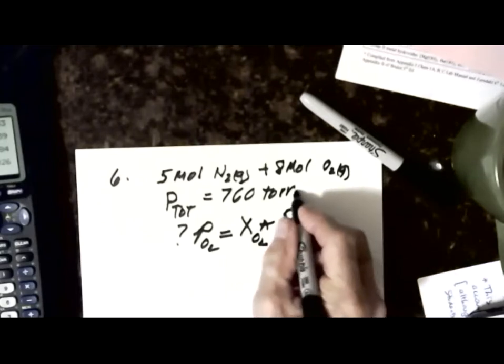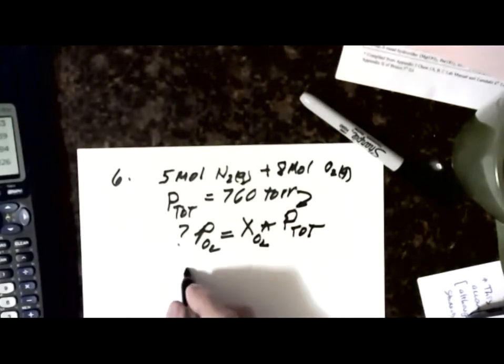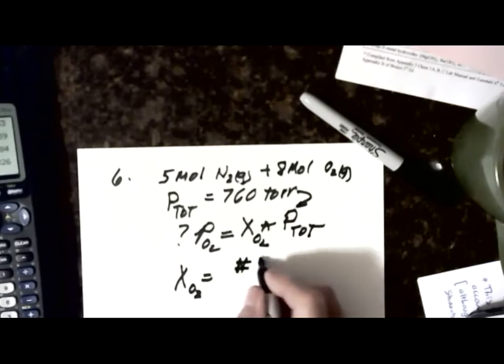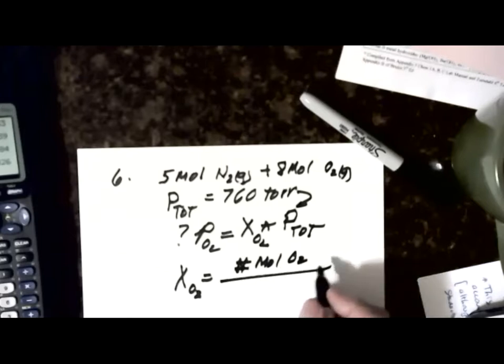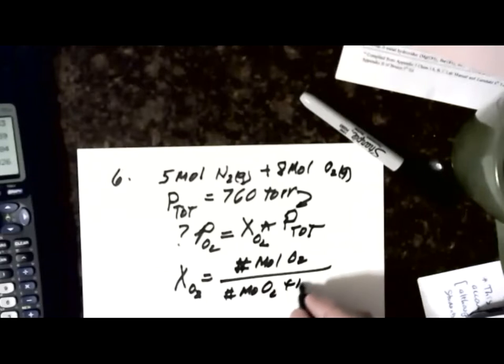Okay, we already know what that is, so let's get the mole fraction of oxygen. The mole fraction of O2, any gas, is the number of moles of that gas, of O2, divided by the total number of moles. In this case, it's going to be the number of moles of O2 plus the number of moles of N2.